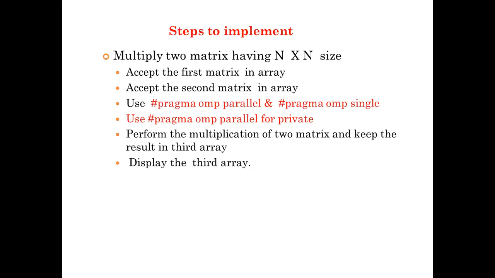So these three directives we will use in our program to execute this matrix multiplication in parallel. We'll also see how much time the code took to execute, and we'll display that output as well as the multiplication output and the time taken by this code to execute the n by n matrix multiplication.